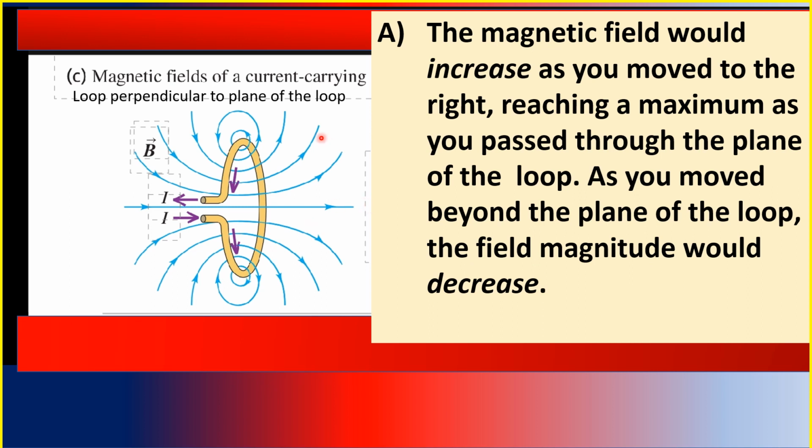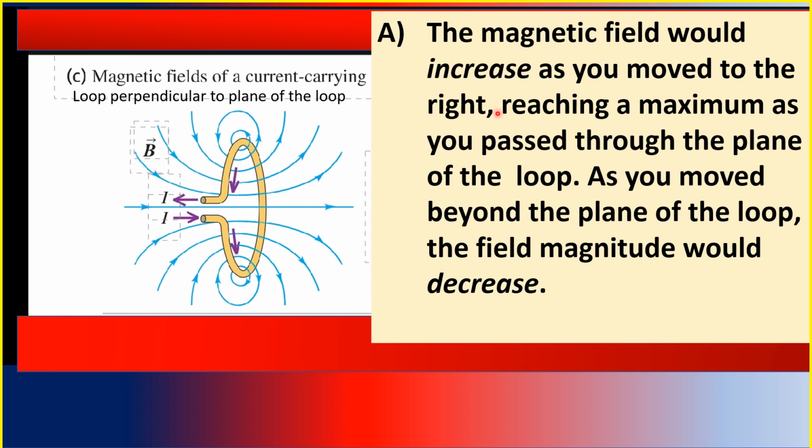All right, so the answer to question letter A, how would the magnitude of the magnetic field change as you go from a point to the left of the loop until you reach a point to the right of the loop?